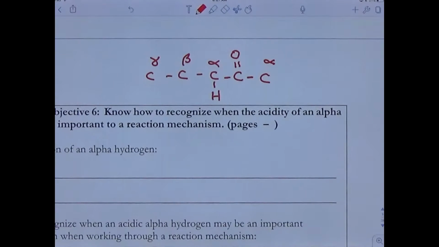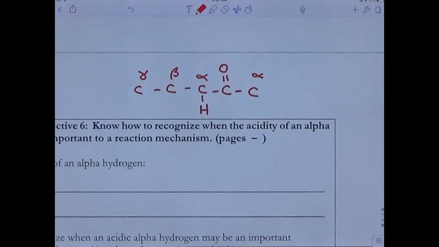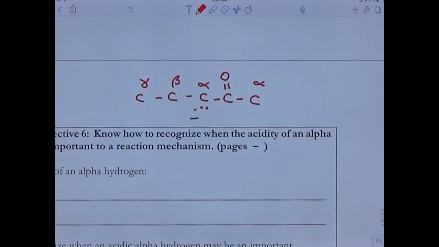Once again, the reason why that might be an acidic hydrogen, in other words, able to come off, is because then you can go from not having resonance to having resonance there. It'd be better not to have the negative charge there at all, but because of resonance, it's a doable reaction.